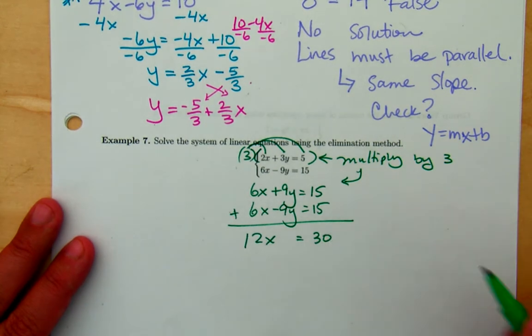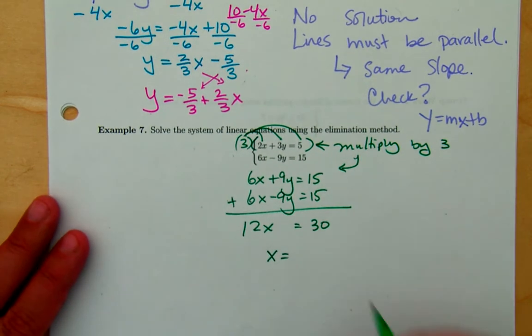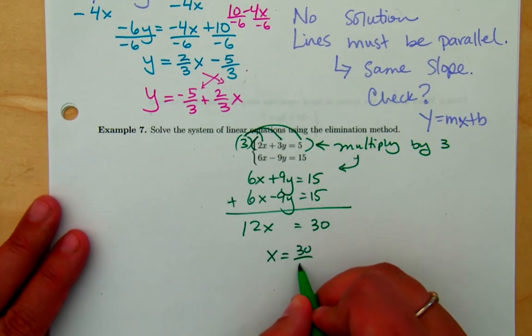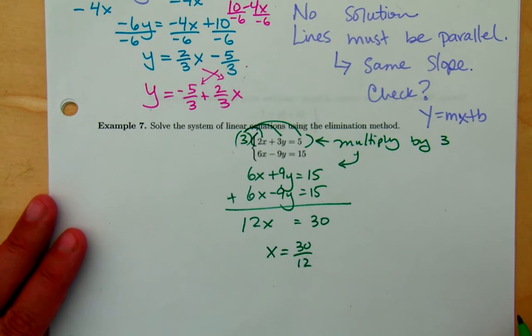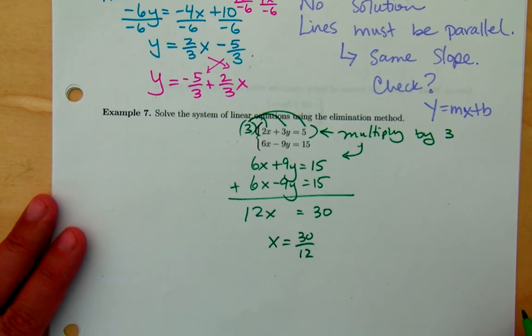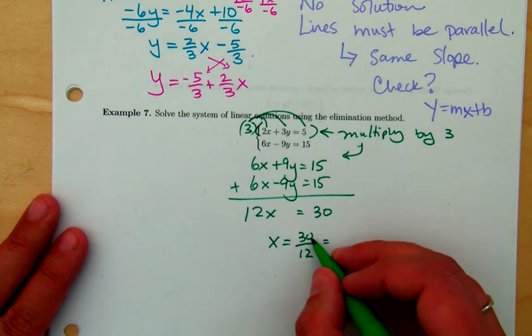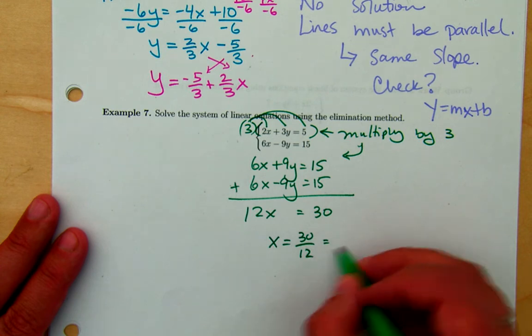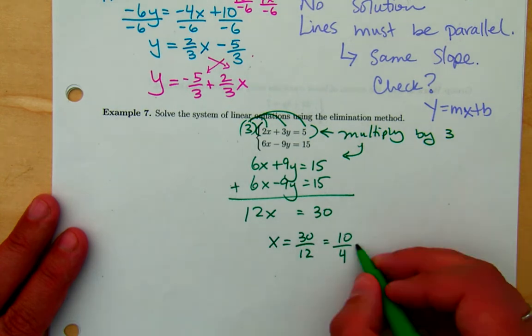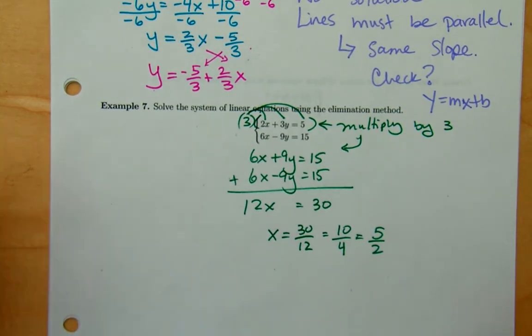Because we're adding those together. X equals 30 twelfths. Yeah? 30 twelfths? Yes, reduce, right? 3 goes into this one, 10 times, 3 goes in here, 10 fourths, 5 halves. So reducing, right?